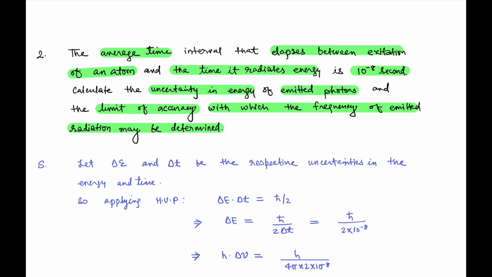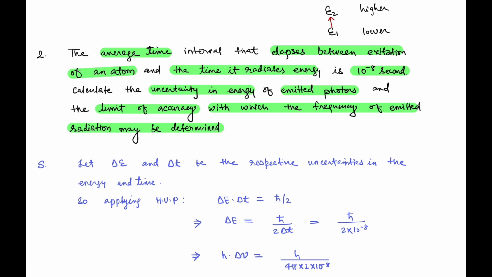So let me tell you very clearly what happens. Suppose that we have two energy levels. First is E1 and second is E2. It is lower and it is higher. So when excitation happens, the electron will move from E1 to E2.